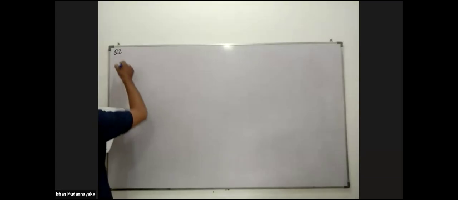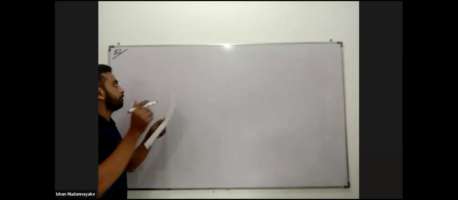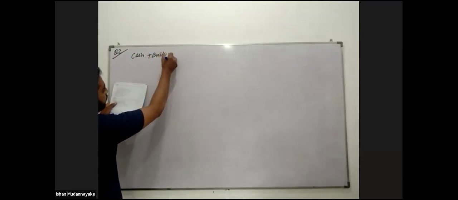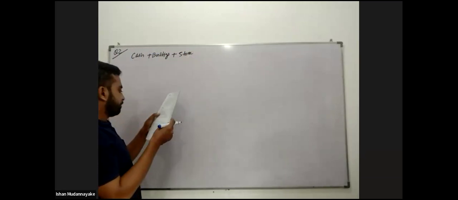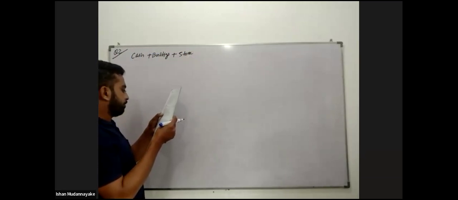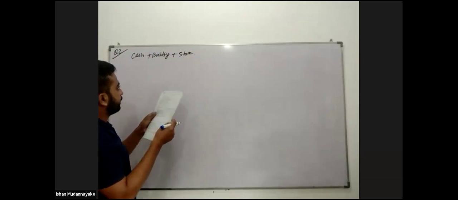Students, for question number 2, I will construct the accounting equation like this. Mega invested 60,000 in cash in the business. First one cash, and then building, plus stock.